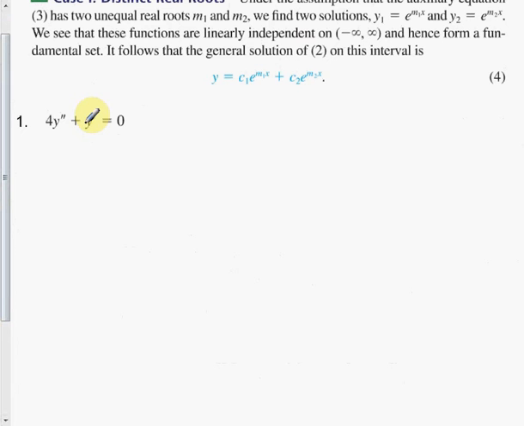Here they don't give me a solution to find a second solution. Here they don't give me both solutions to verify. I've got to produce it, right? So here's how you do this. You say let y equal e to the mx be the solution type. It's not the solution, it's the solution type.